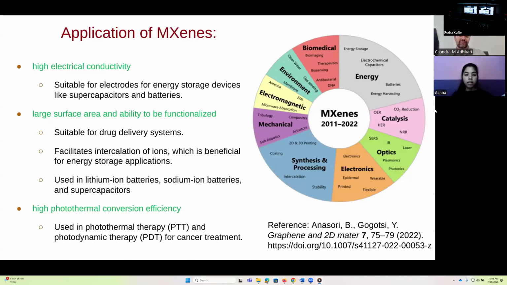Their large surface area and ability to be functionalized is suitable for drug delivery systems, and this facilitates intercalation of ions, which is beneficial for energy storage applications. These are also used in lithium-ion batteries, sodium-ion batteries, and supercapacitors. Their high photothermal conversion efficiency is used in photothermal therapy and photodynamic therapy for cancer treatment. And our reference is listed below this diagram.